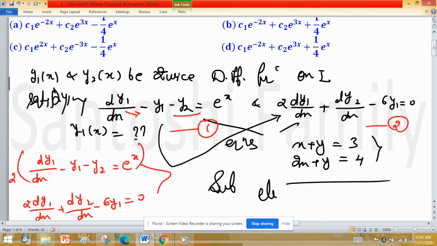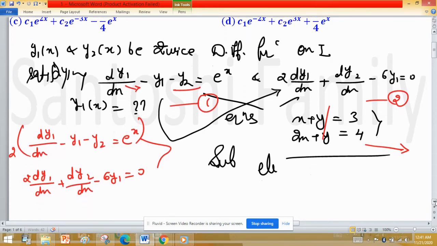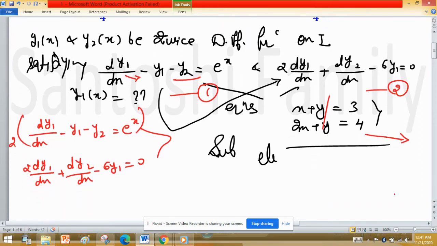As you can see here, if I apply the substitution or elimination method, one variable will cancel out and we will obtain another equation in terms of a single variable. But whenever I use the elimination method here, I'm not able to find an equation in either variable.